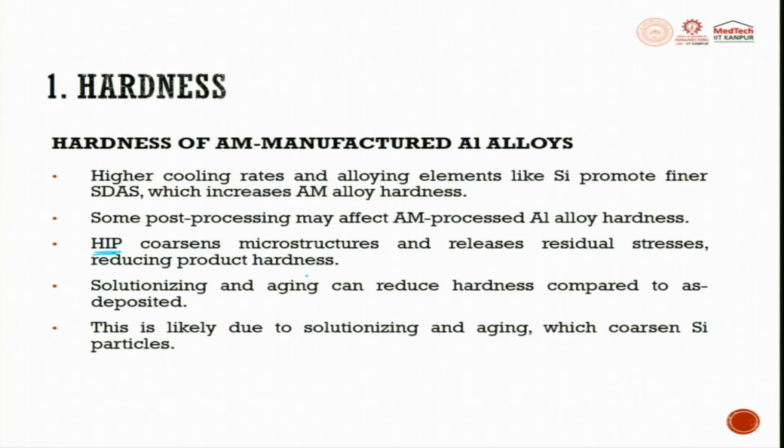Solutionizing and aging, these two are very important. Solutionizing and aging can reduce hardness compared to as deposited. This is likely due to solutionizing and aging, which coarsen silicon particles.